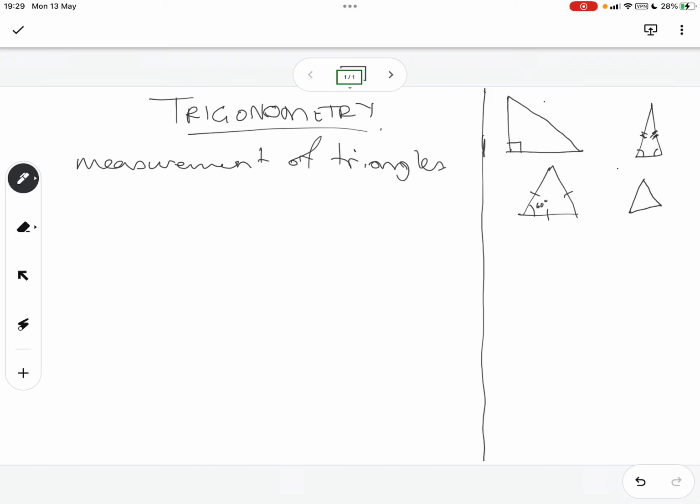We've got acute angled triangles, where all the angles are less than 90 degrees. We've got obtuse angled triangles where one angle is greater than 90 degrees.